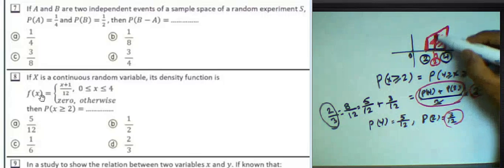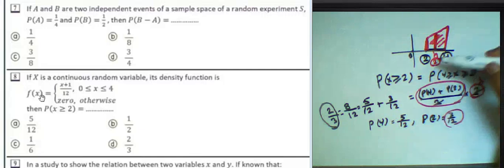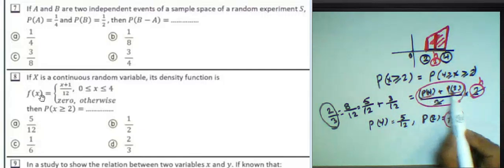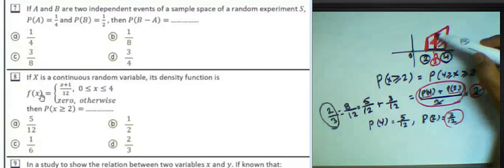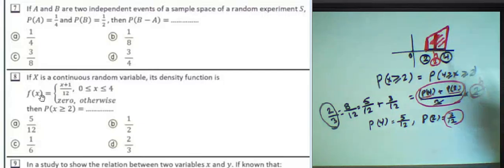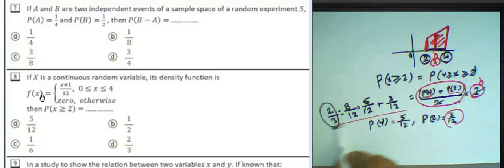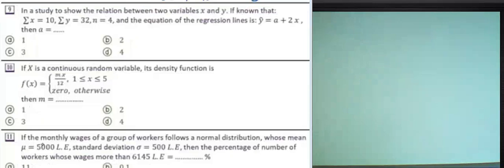The middle base equals half of probability of 4 plus probability of 2, divided by 2. Multiplying by the height to find the area, the result will be 2/3. Choose 2/3, letter D.